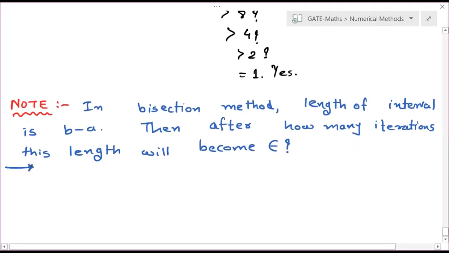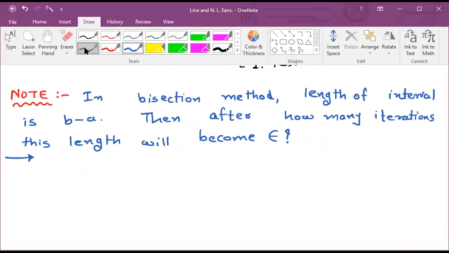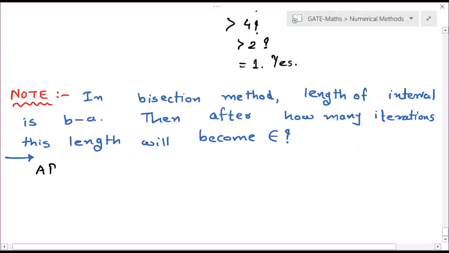See over here. If we analyze the relation between iteration number and length of interval, so see over here, iteration number and length of interval.